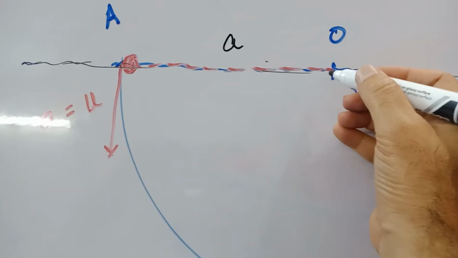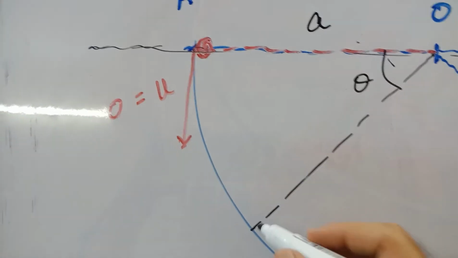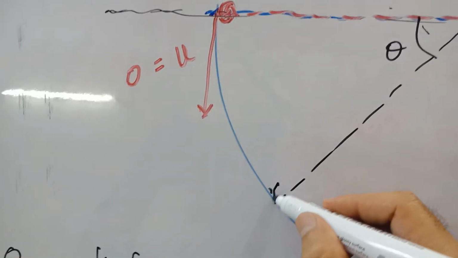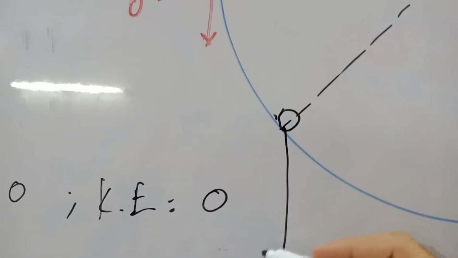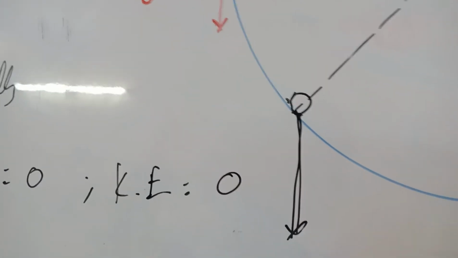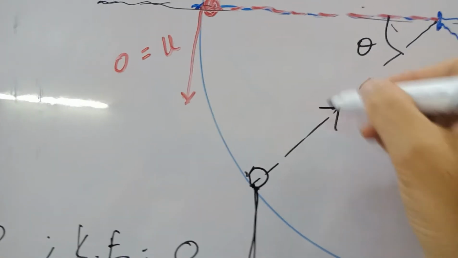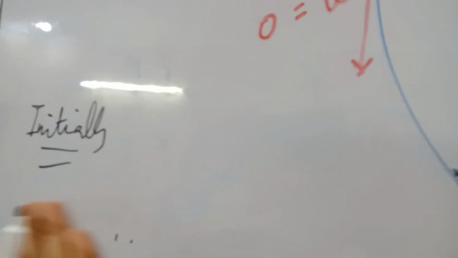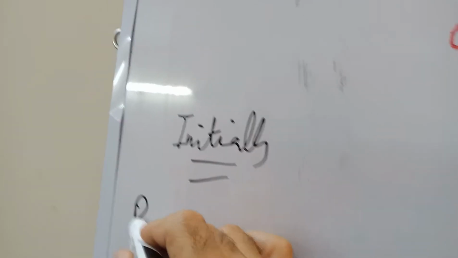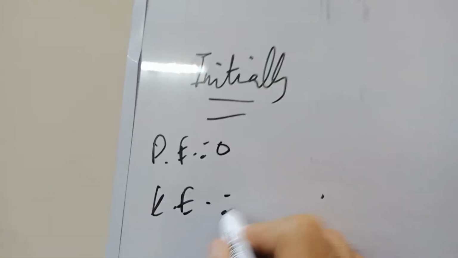Now suppose this has been rotated up to an angle theta, and the particle is right now over here. Let me show its weight. This is the vertical line. The weight is going to be mg, and here is the normal contact force. Let me erase this; so you know that the PE is 0 and KE is also 0.